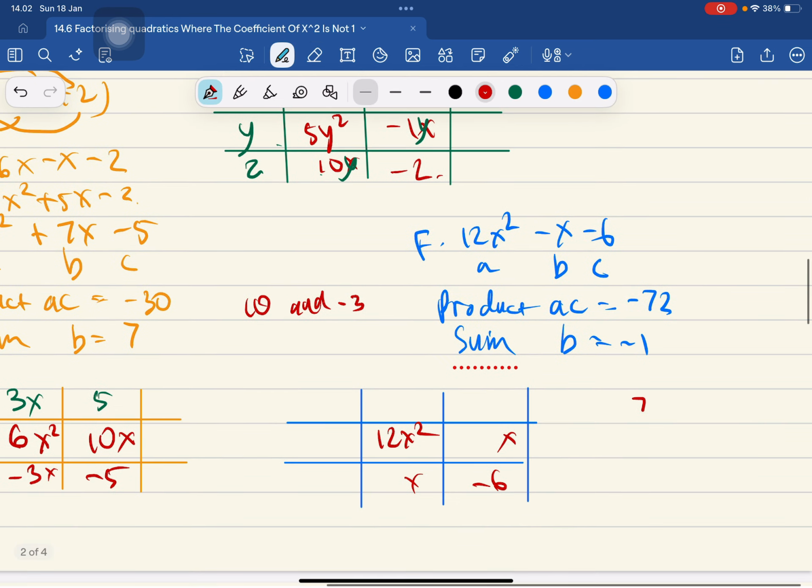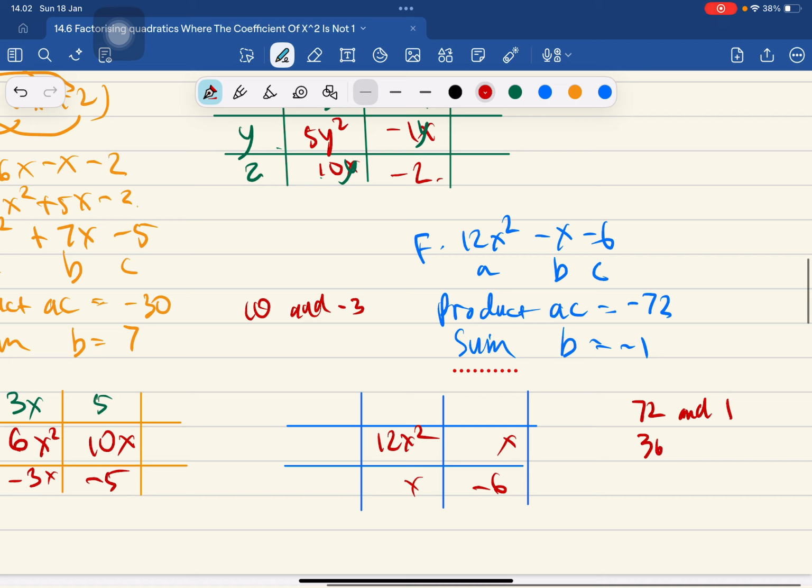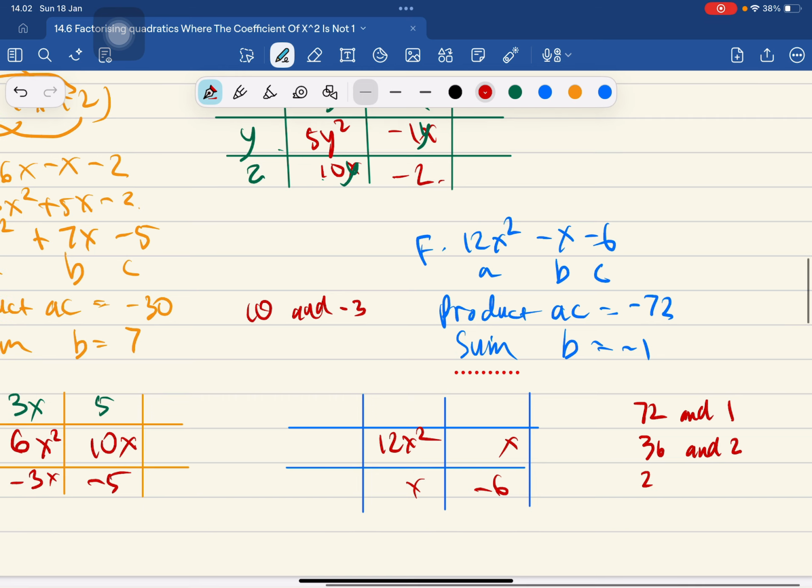So 72 with 1 and 72, 36 and 2. No. 72 with 24 and 3 is too far. Let's try 18 and 4. No.